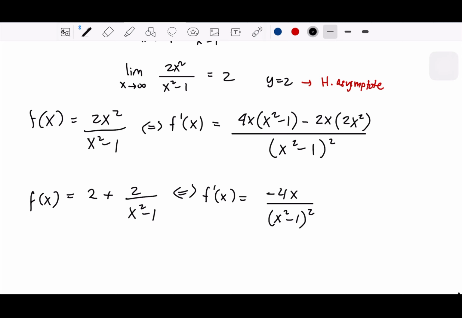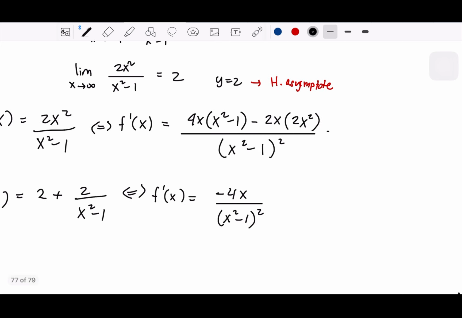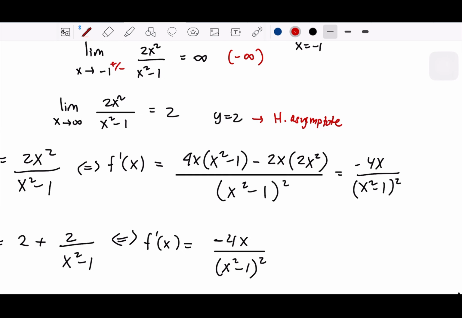I think it should be the same, right? It should be the same, either you go quotient rule first or the second way. This is going to be negative 4x. So this is 4x cubed.